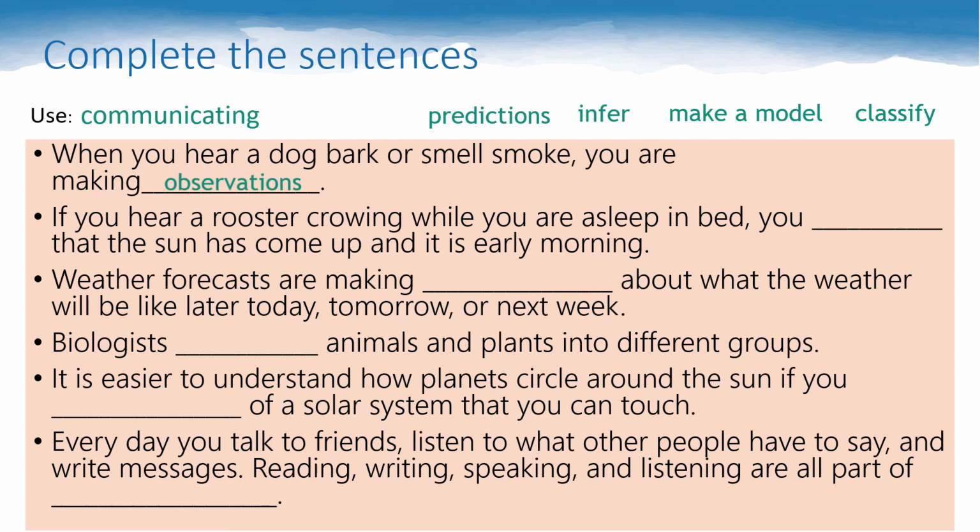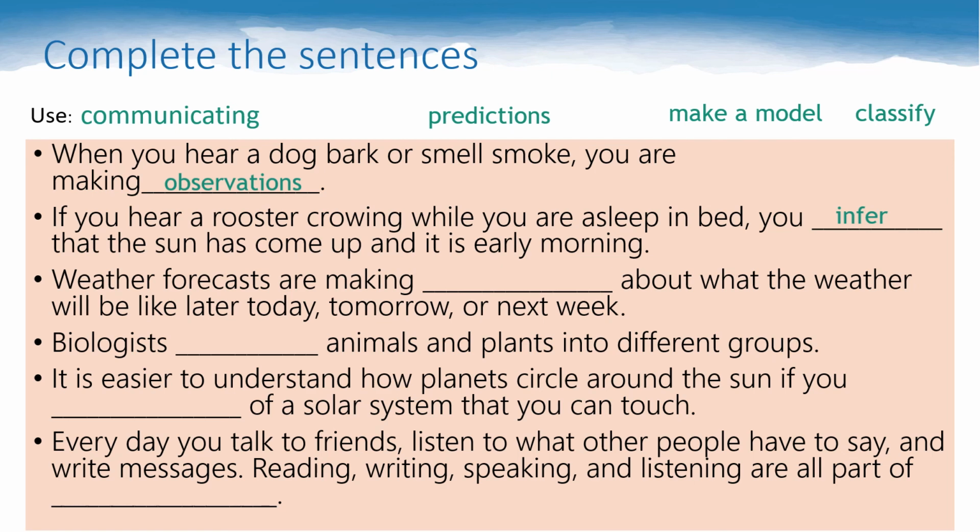Very good. Next, if you hear a rooster crowing while you're asleep in bed, you that the sun has come up and it is early morning. What do you do? Yes, you infer.